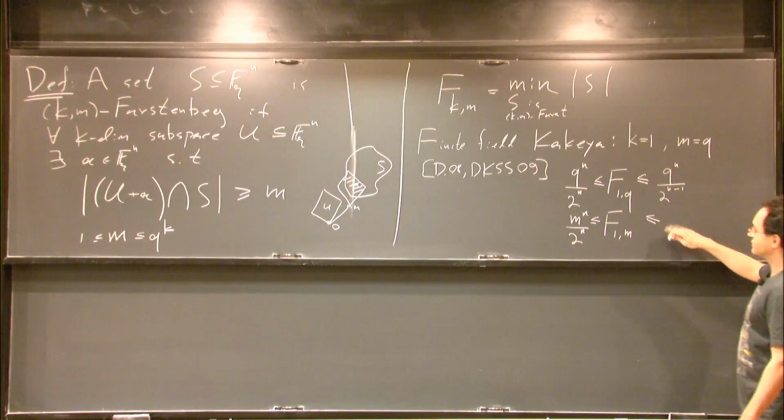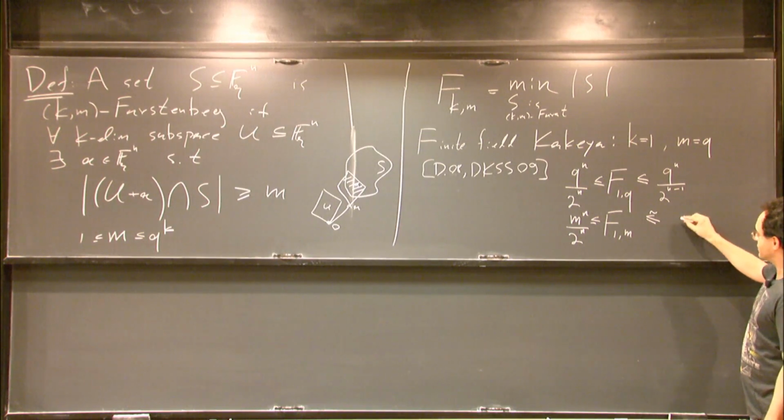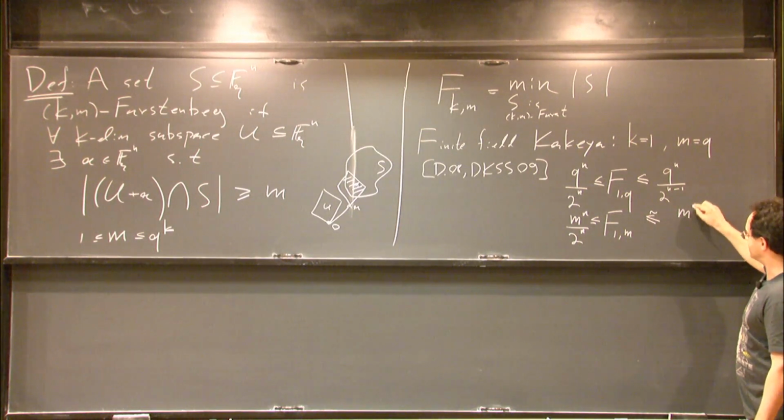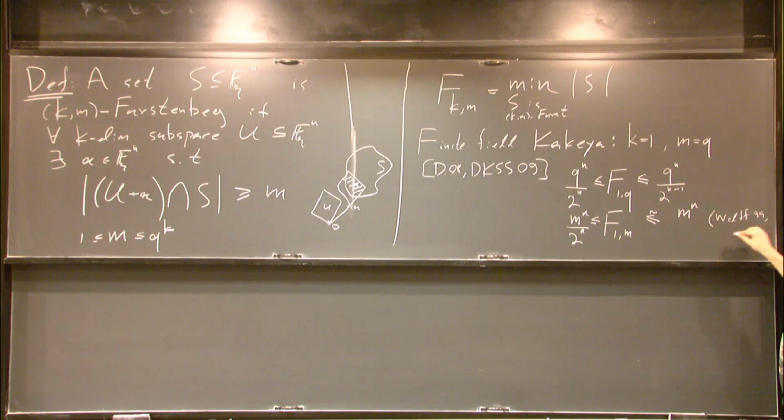So if you don't assume anything about the field, then up to some constant, you can get m to the n with some constant depending on n. And this is an example of Wolf, and it's generalized to high dimension by Zhang, which is maybe 2016 or 2017.